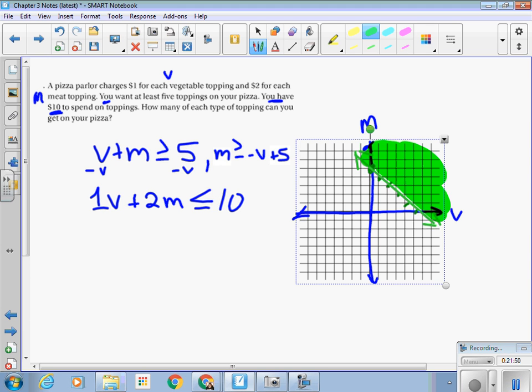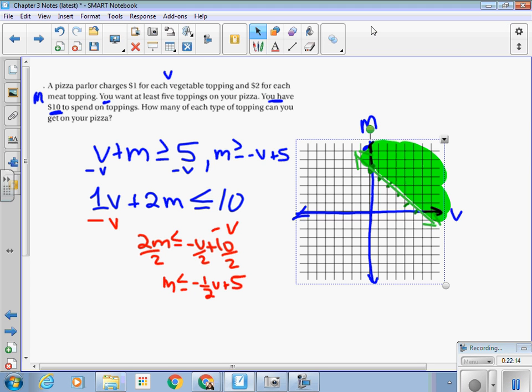For my second one, I'm again going to solve for M. Subtract V from both sides. I get negative V plus 10, and then I'm going to divide everything by 2. And I get M is less than or equal to negative 1/2 V plus 5. So that starting point is at 5, just like my other starting point, my y-intercept.